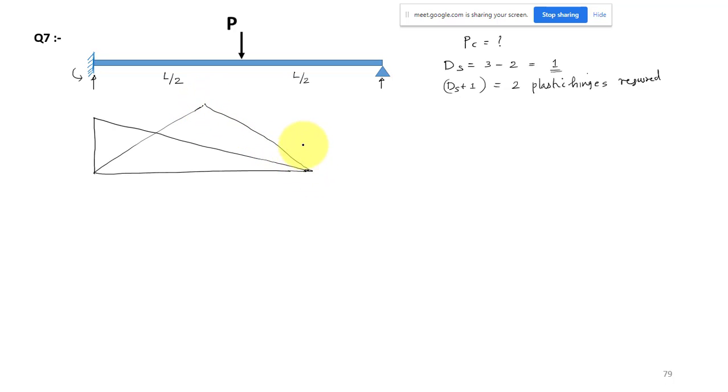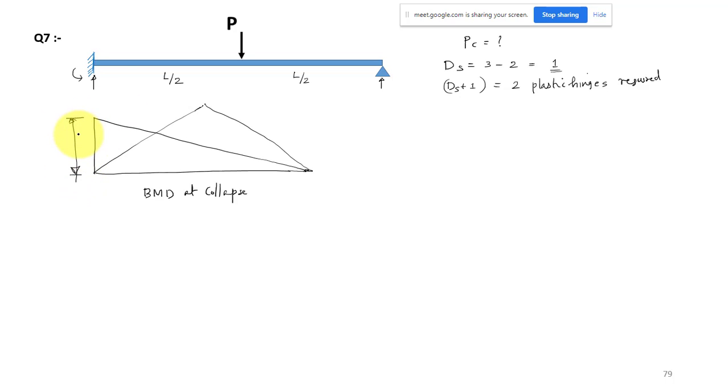So let us draw your moment diagram at collapse. First we can compare these values. You know the standard result. What is this value?